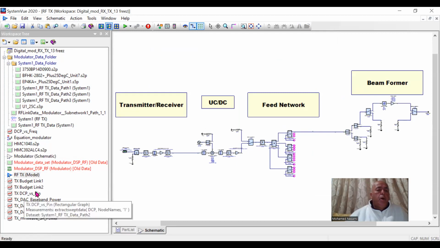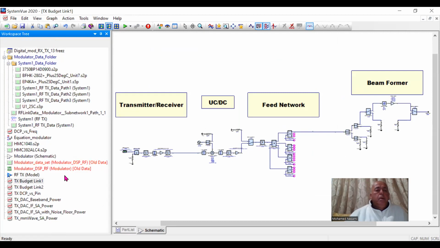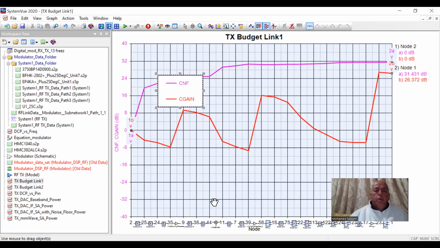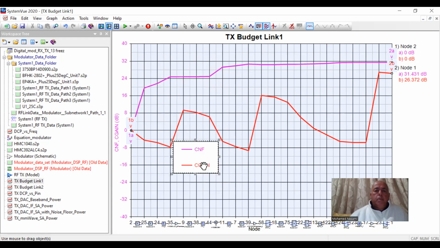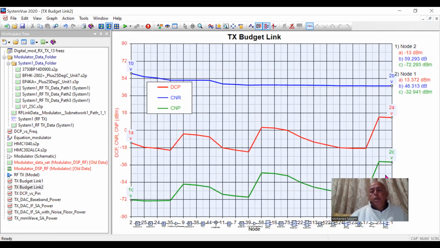Okay, so we can look at the link budget. Again, this is 26 dB gain, and the noise figure is 13 dB. Let's look at the link budget calculation for the simulation.